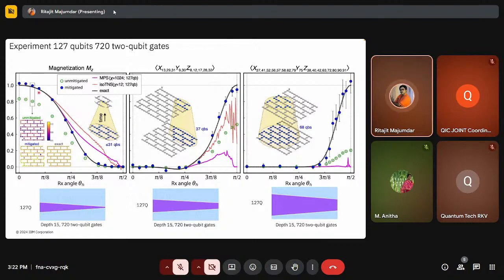Now we start with small systems, not immediately the big one, where you can get the exact result. You can do the simulation on a classical computer and get an exact result. Now there are many approximate techniques, classical, not quantum mechanical.